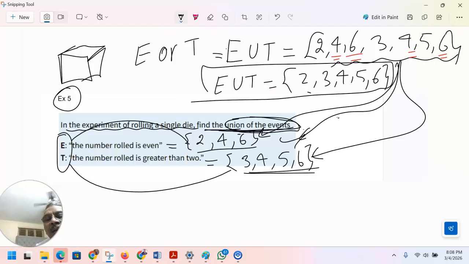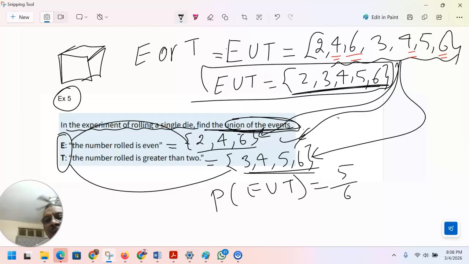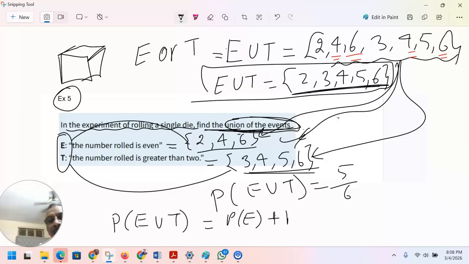We are done. But if they had asked what is the probability of E union T, by just looking at it you know the answer: it is 5 out of 6. But can we use the formula and get it also? The addition rule of probability says you write down the probability of the first plus the probability of the second, and then you subtract the probability of whatever is common.